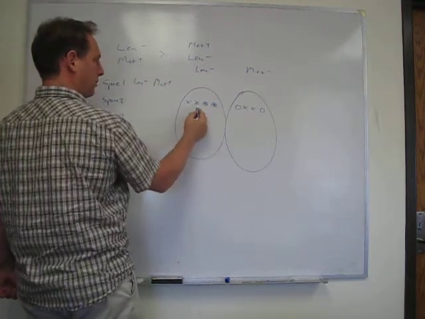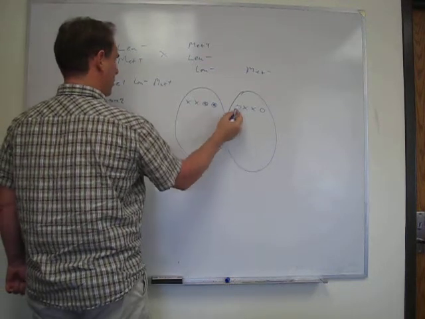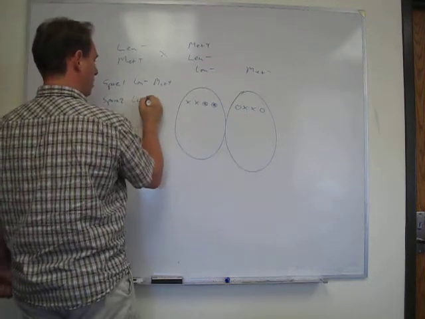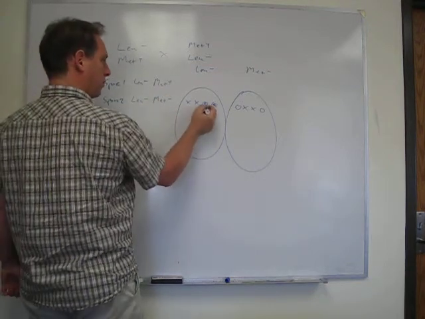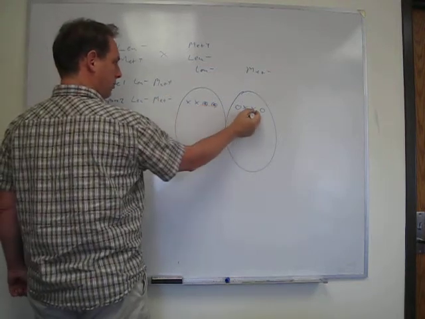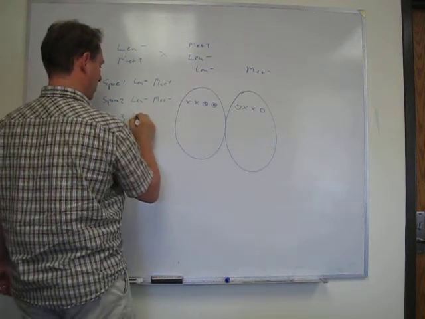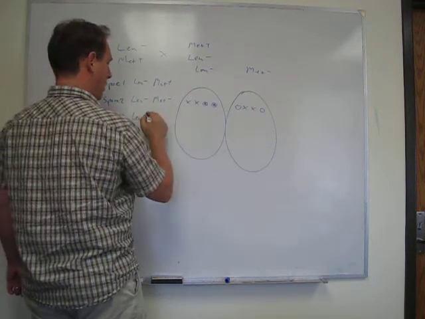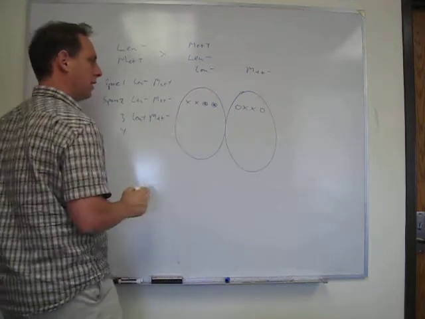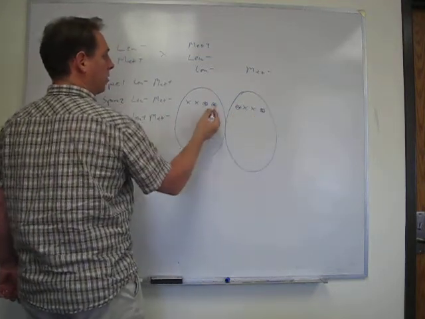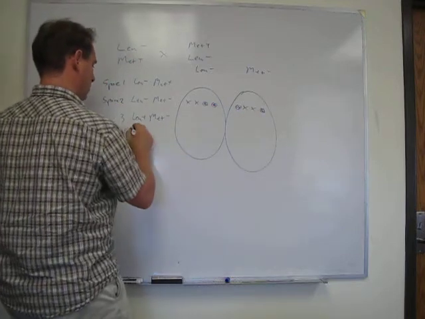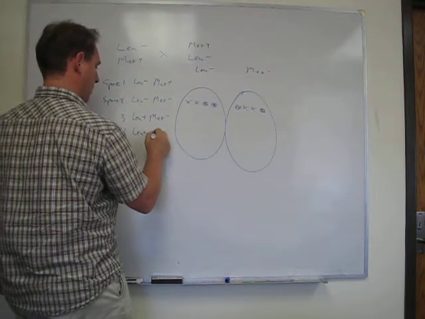It's incapable of growing on either Leu minus media or Met minus media, so it has to be Leu minus Met minus. The next is capable of growing on Leu minus media, but incapable of growing on Met minus media, so this would be Leu plus and Met minus. In the last case, it grew on both Leu minus media and Met minus media, so this would be Leu plus Met plus.